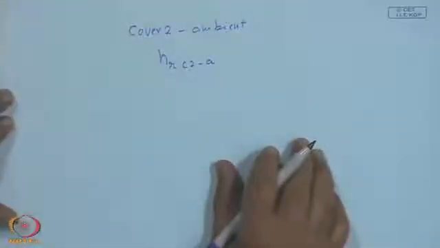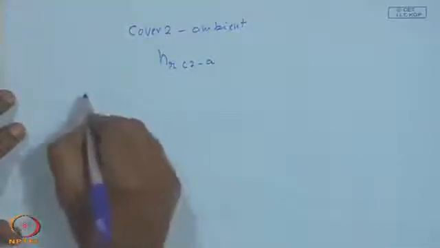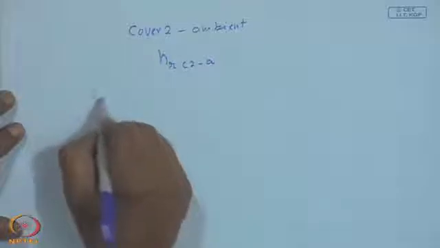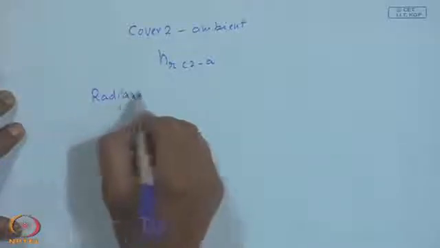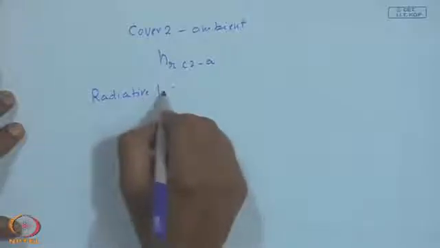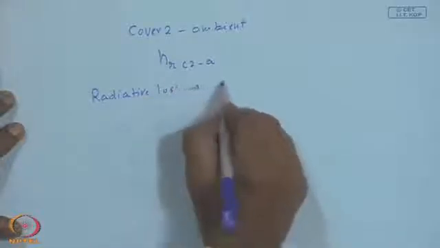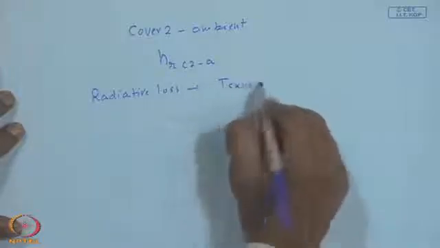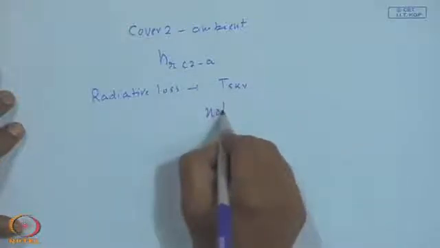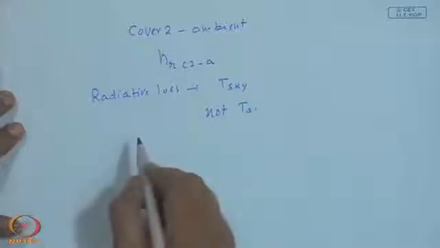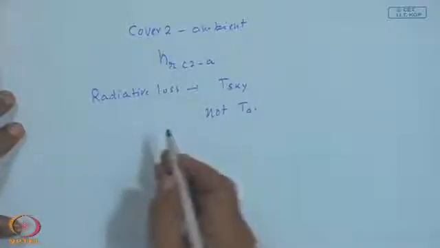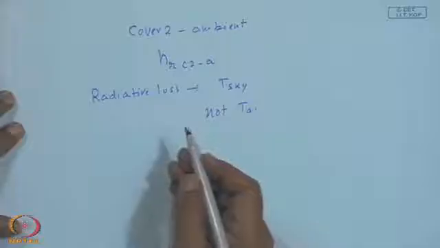which we shall designate as HR C2 A. Now, we have already expressed that this radiative loss is to T sky and not T ambient. But since we want to write everything as overall loss coefficient multiplied by T p minus T a or T f minus T a or T f i minus T a, we would like to base it with respect to the ambient temperature.